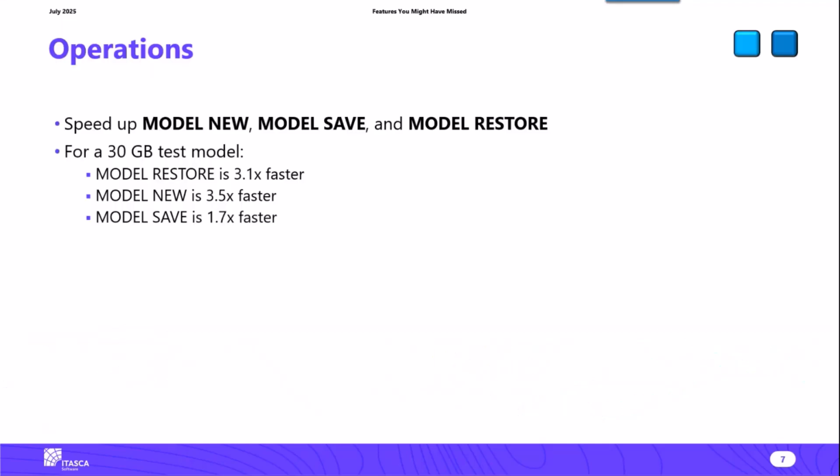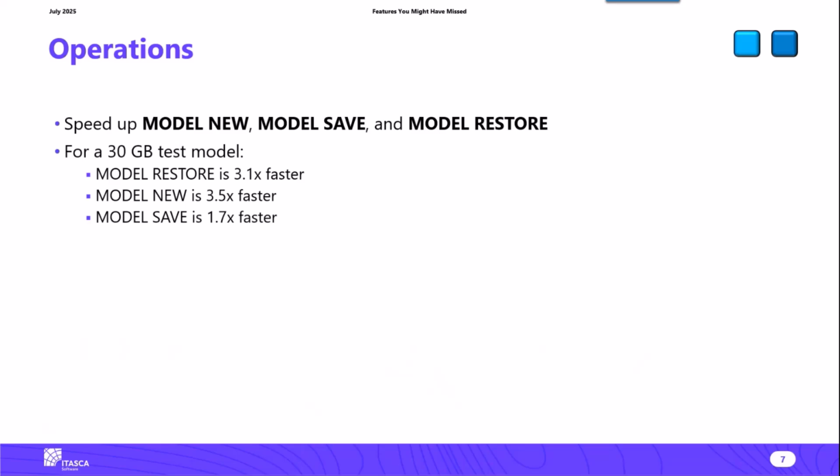In terms of speed up or faster running of models, for FLAC 3D and FLAC 2D, we're able to optimize and speed up things such as model restoring, clearing the memory, so model new, and also saving the model.